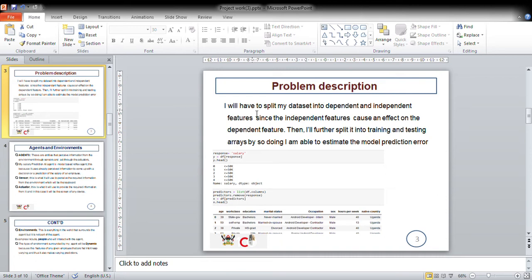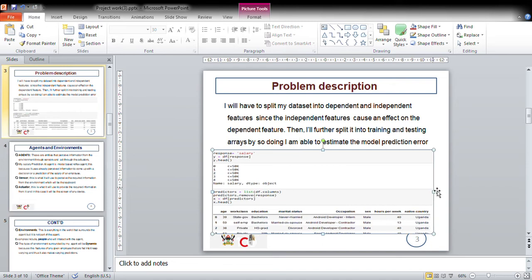What I mean by the independent features, these are the features that my model relies on to come up with a certain salary decision for a certain employee. The independent features are the age, work class, education, marital status, occupation, and all these others.